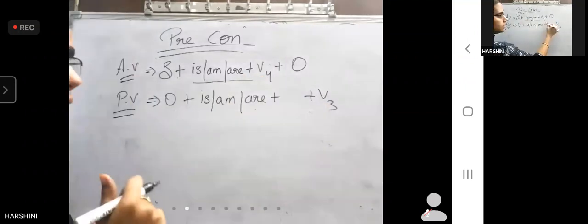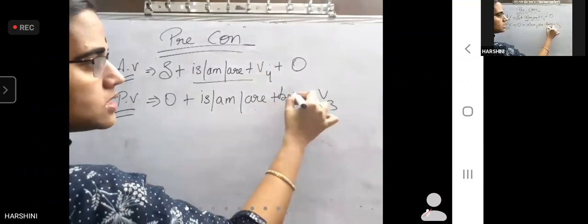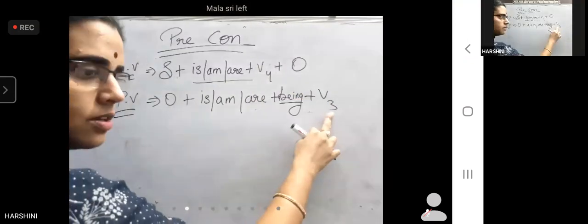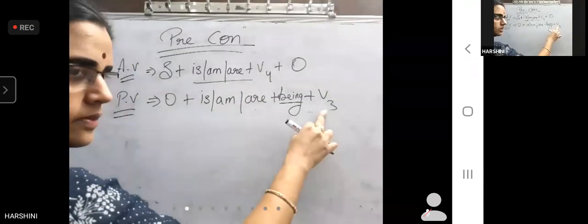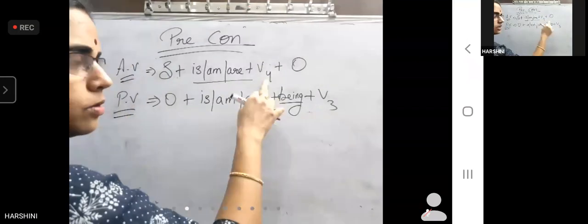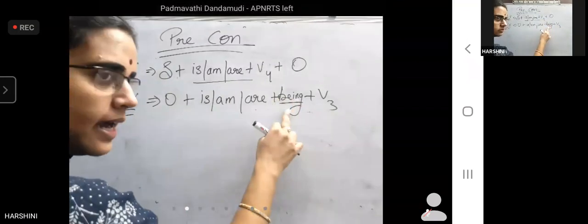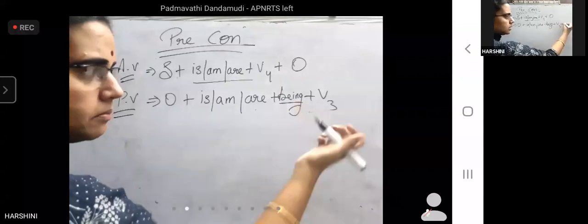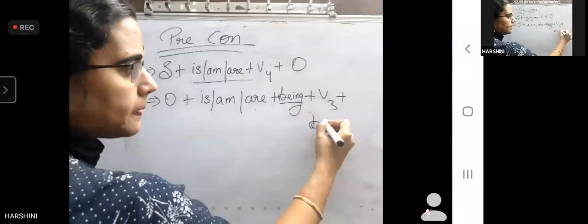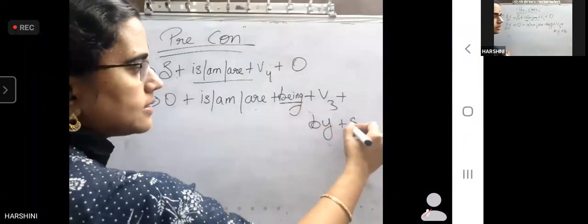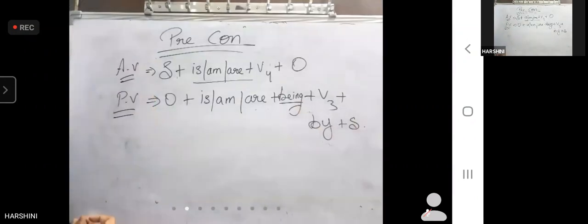Then to show the ing, we use a special be form called be, since in passive voice all verbs should be V3. Then by plus subject in objective form.